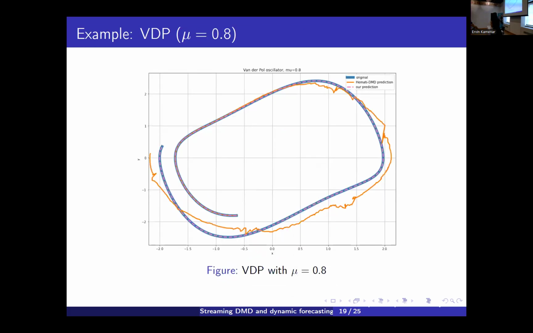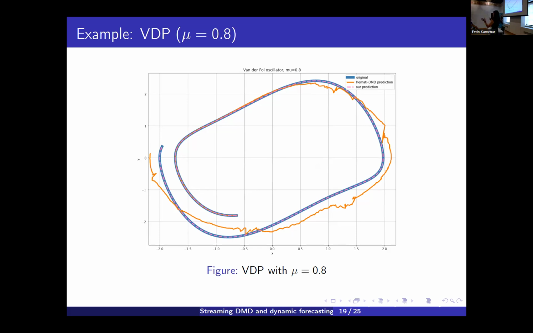So we compared the Hemati algorithm with our algorithm, and the blue line is the original van der Pol oscillator for mu equal to 0.8. The pink dashed line, which you might not see well, but it's perfectly on the van der Pol, on the original data, is our prediction for 1 moment ahead.